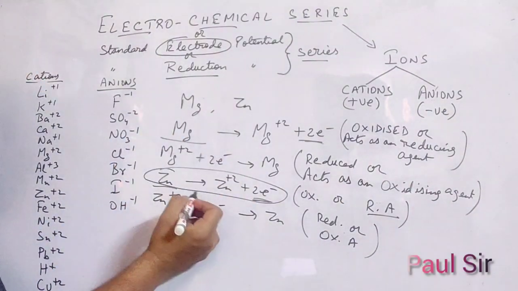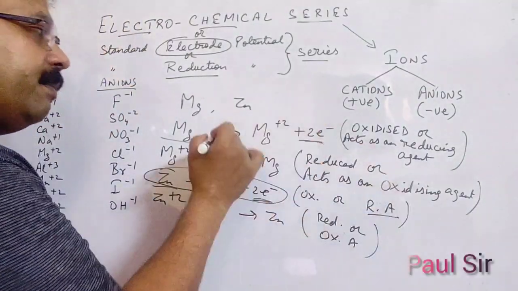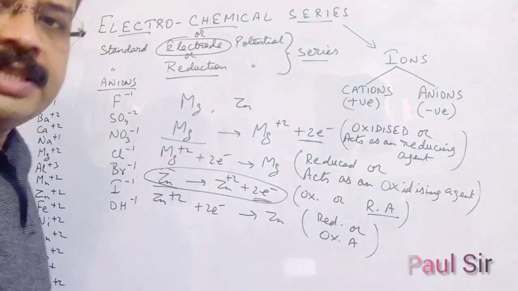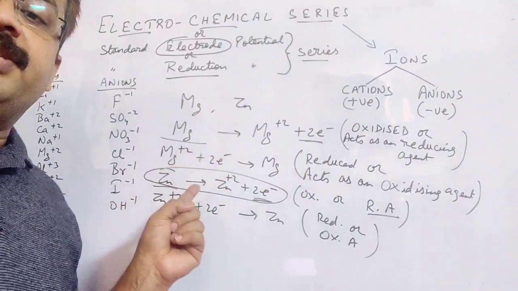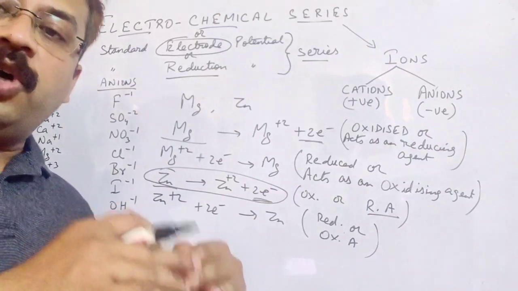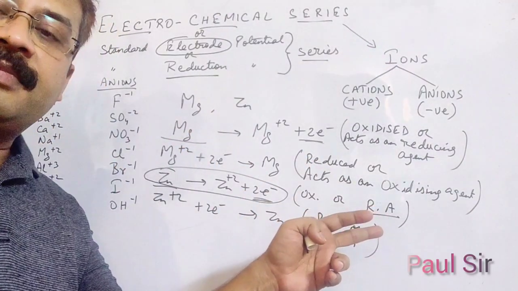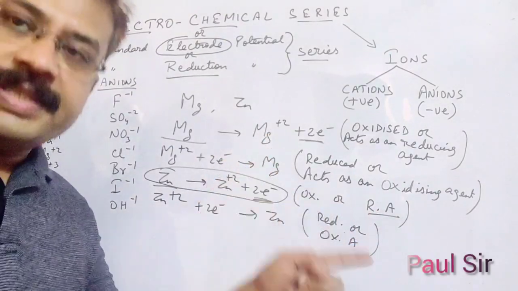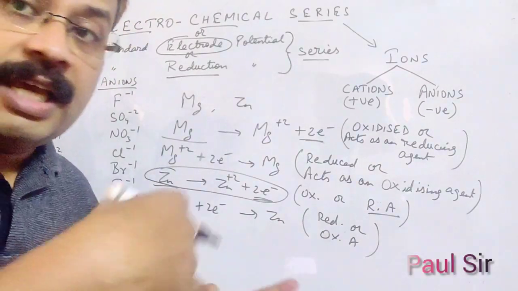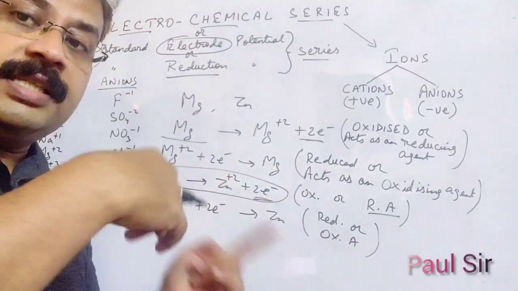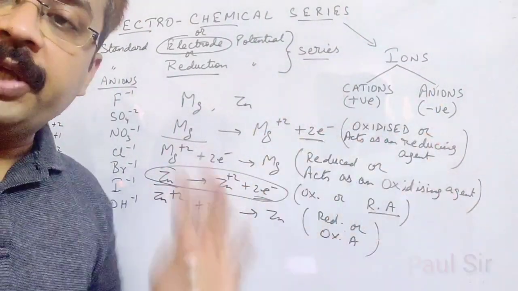So it is not a good reducing agent as compared to magnesium. If the electron losing tendency is less, its reducing nature is less than magnesium's, because it is not easily giving out electrons. As it is not easily giving out electrons, it won't help the other particle to get easily reduced.